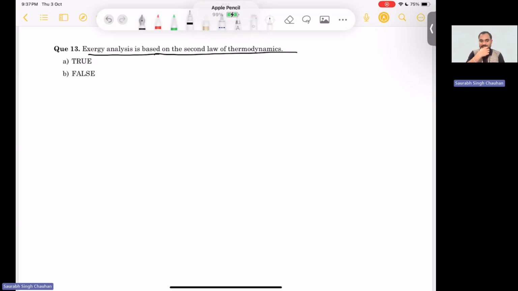Second law of thermodynamics says that for an isolated system, there is always an increase in the entropy. Entropy can remain constant, or it will increase for an isolated system.